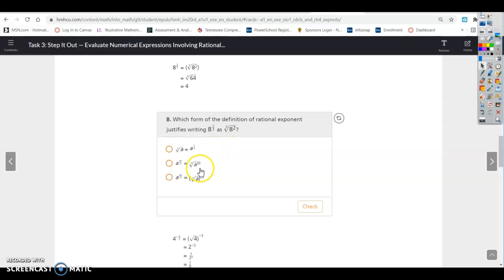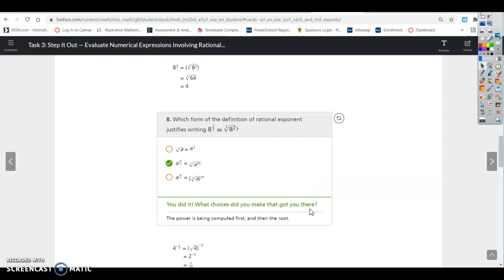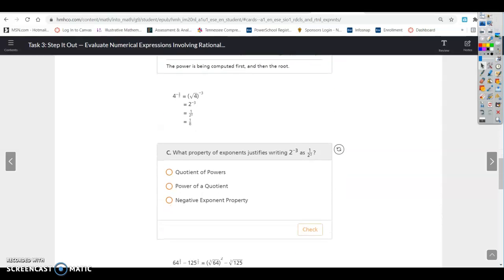This time we did under the radical first. You still have a to the m over n power. This time we did the power first before we did the index. So that's the difference in the parentheses, the order in which it's done. But they're going to be equivalent.